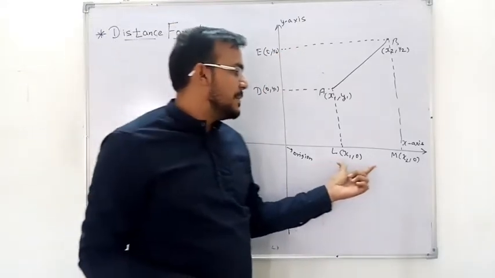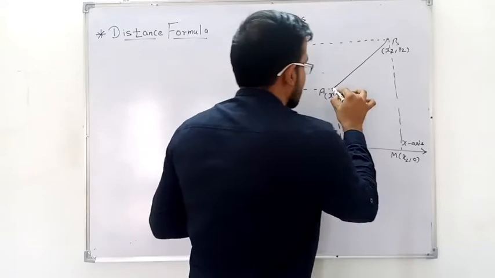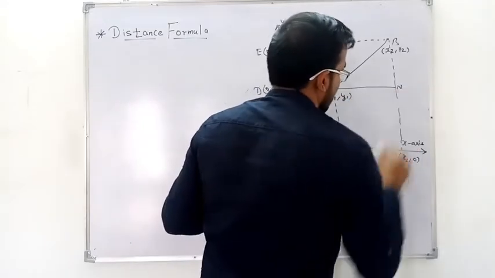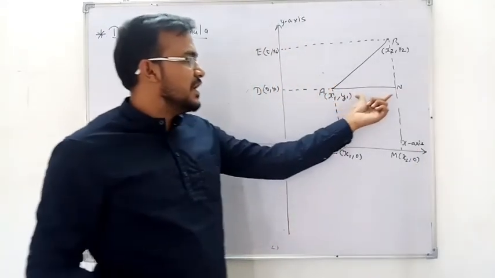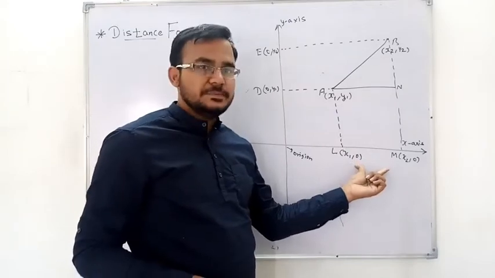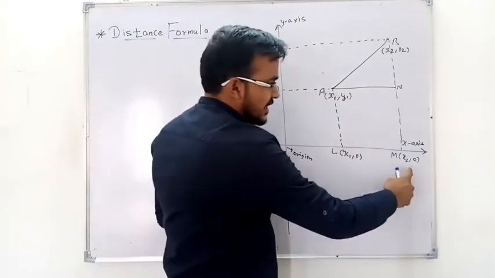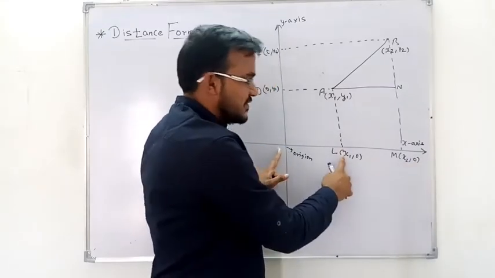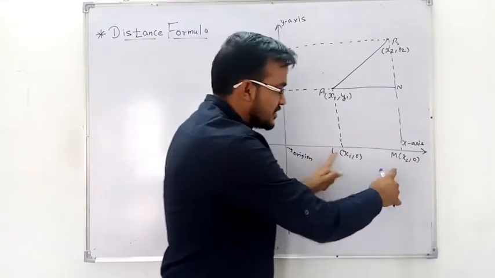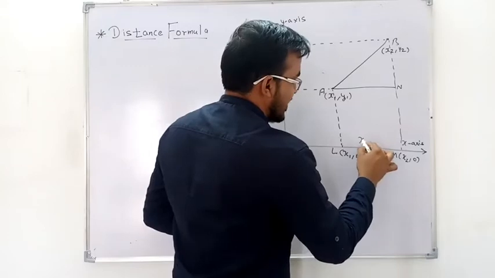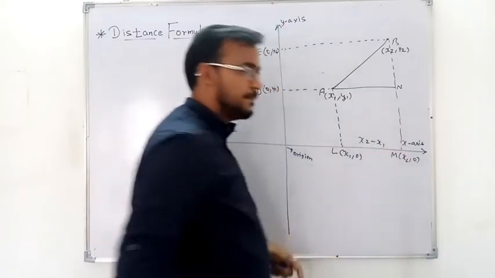Now if we draw a line parallel to LM, that is AN, the distance of AN is the same as that of LM. To find the distance of LM, we know that the total distance is x2 and this one is x1. So the distance of LM is x2 minus x1.